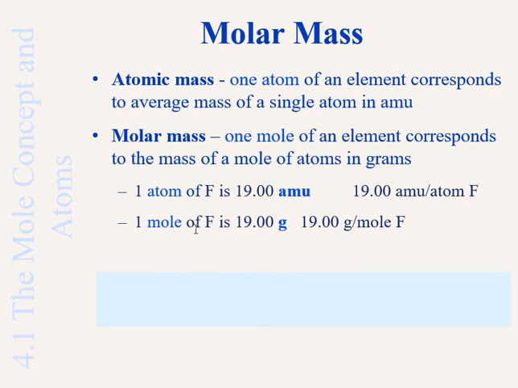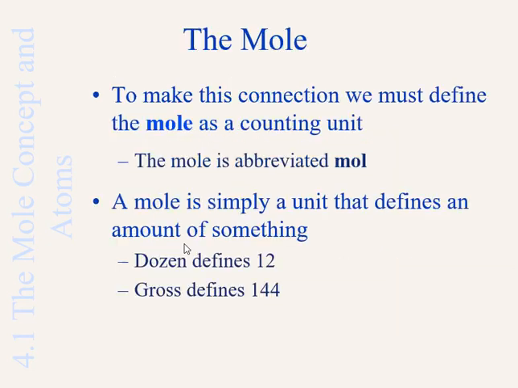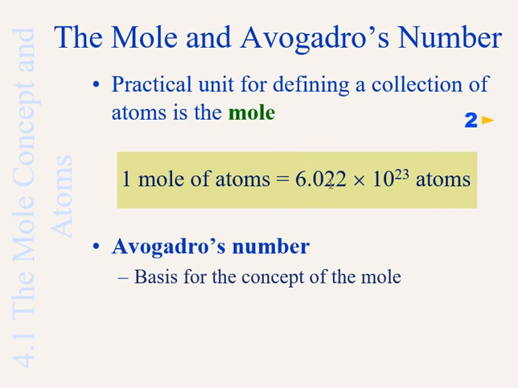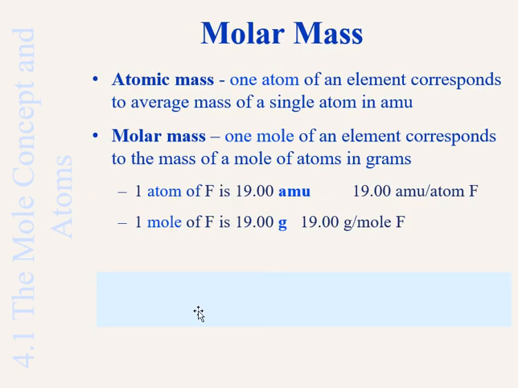If I was to ask you what's the mass of 1 dozen of fluorine atoms, you know I'm talking about 12 fluorine atoms. So if I say what's the mass of 1 mole of fluorine atoms, how many fluorine atoms am I talking about? I'm talking about the Avogadro's number of fluorine atoms, which is 6.022 times 10 to the 23 fluorine atoms. What's the mass of that?